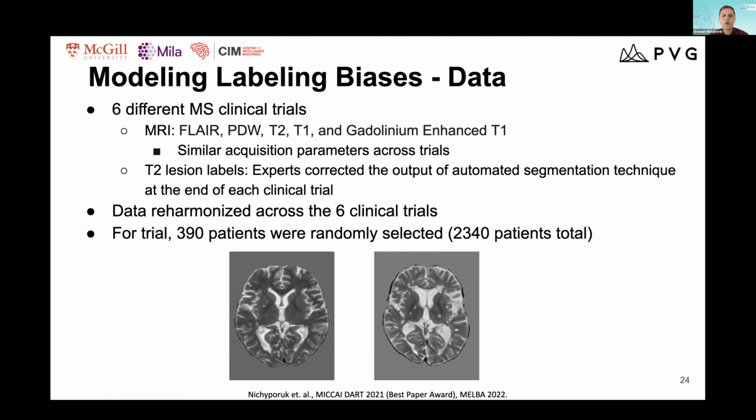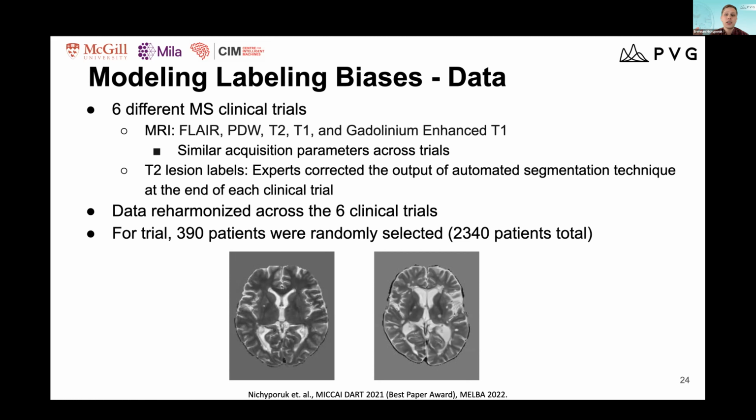Well, we have all 5 sequences. What happens is the ground truth is created at the end of every clinical trial by a private company. We didn't recreate the labels. At the end of every clinical trial, a private company created the ground truth labels, and what we did is we just reharmonized the data, so renormalized it.